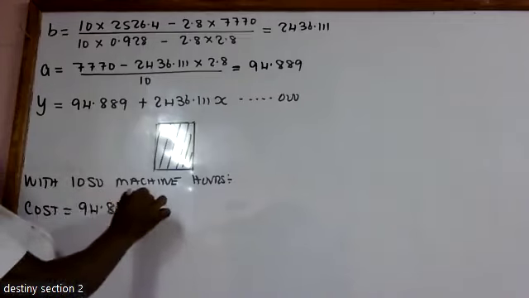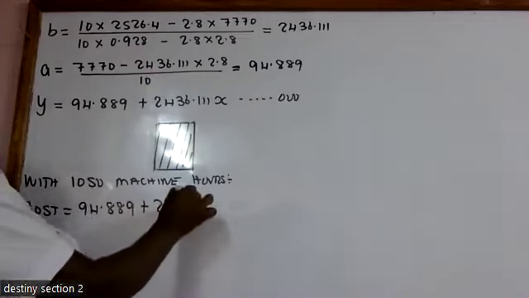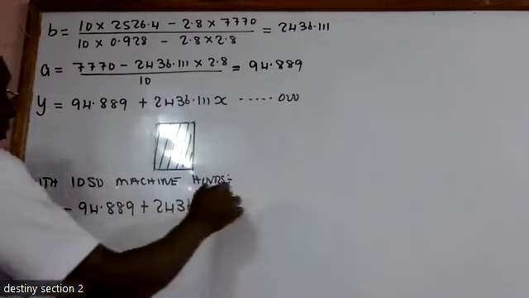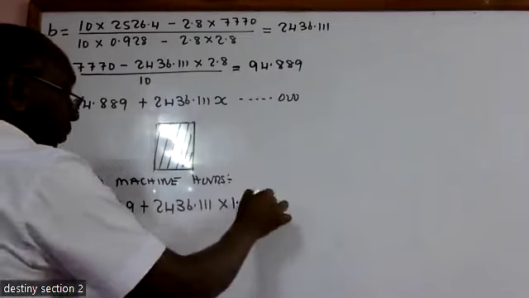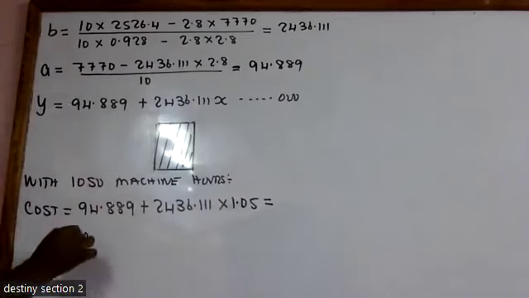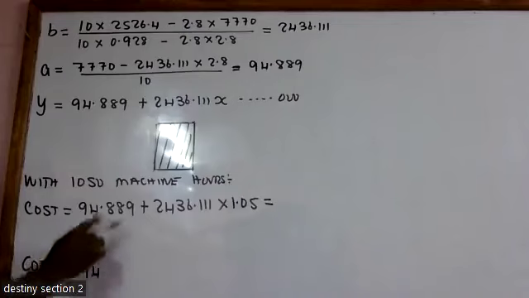94.889 plus 2436.11 times, you make this one to be 1,000 times 1.05. Or if you don't want to make that to be thousands, you can say cost is equal to, you only change this one.